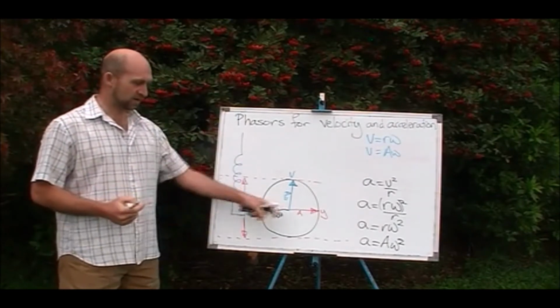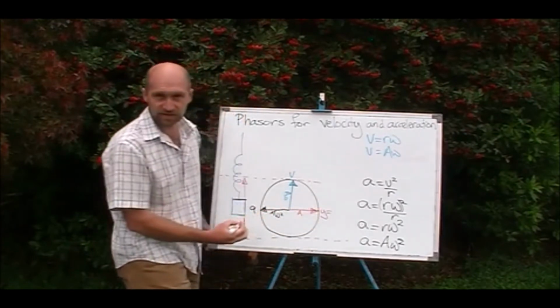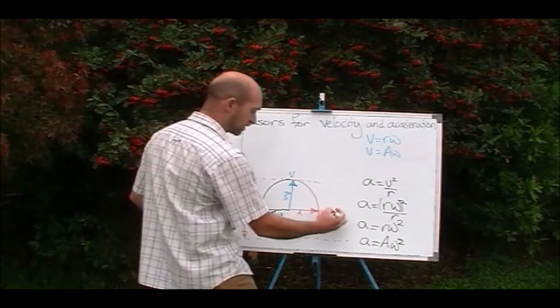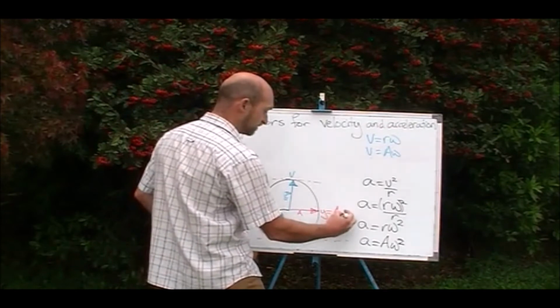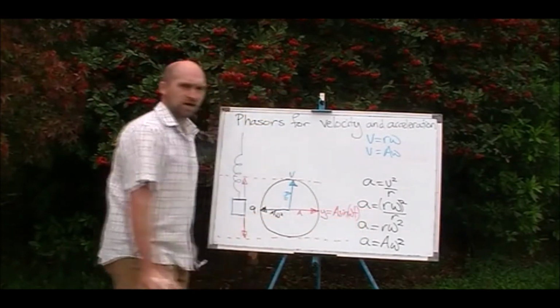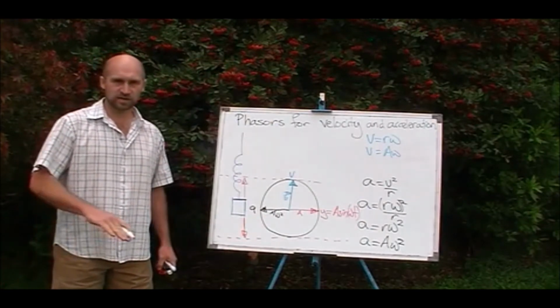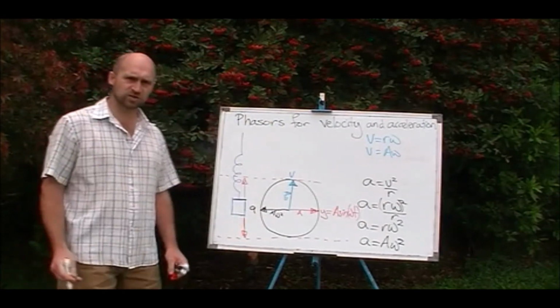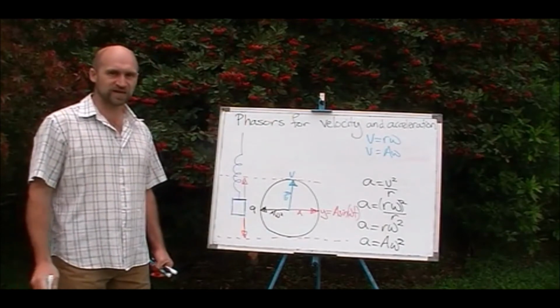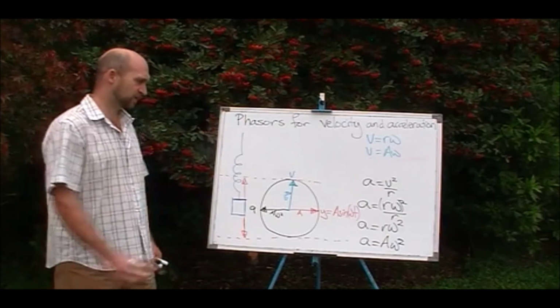Nevertheless, we might remember from last time that the equation for displacement was A sin omega t. Remembering that omega t is just the angle that the phasor has twisted in a certain time, because omega is the angular frequency and t is the time.